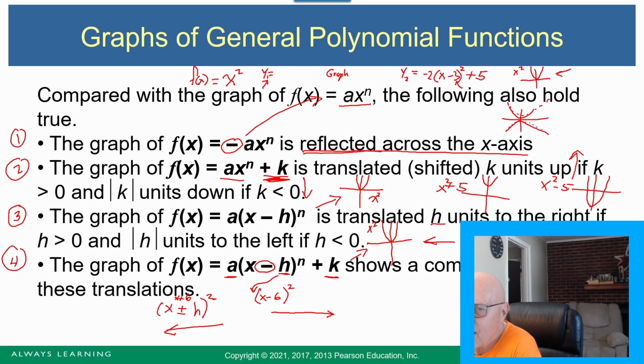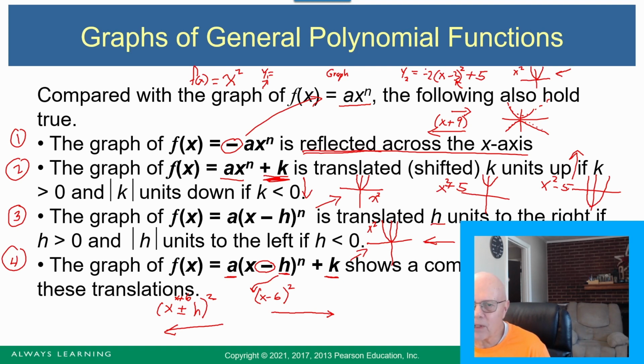And this number in here is the one that's going to move it left or right. And the way I keep it straight is, if it's got a -3 here, I'm going to be moving to the right. If it's got a plus, like an x plus 9, that's going to move it this direction. You do it what way you need to so you can keep all of these things straight.